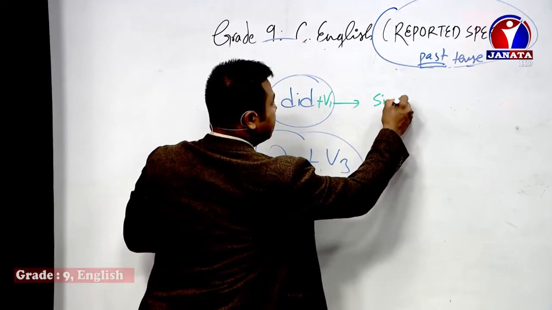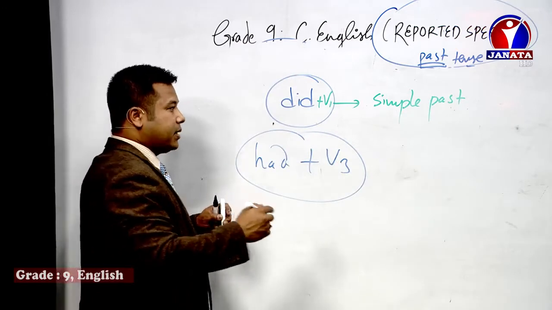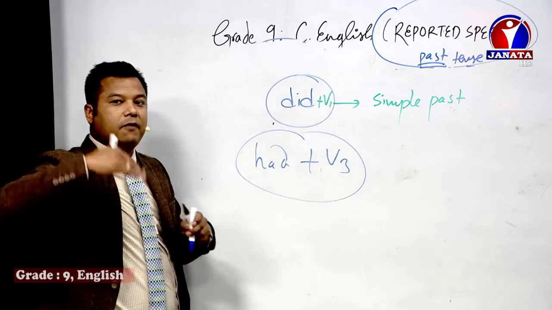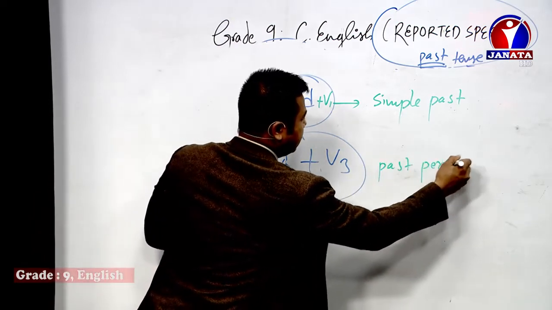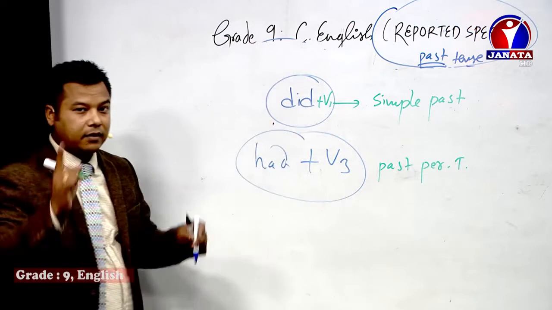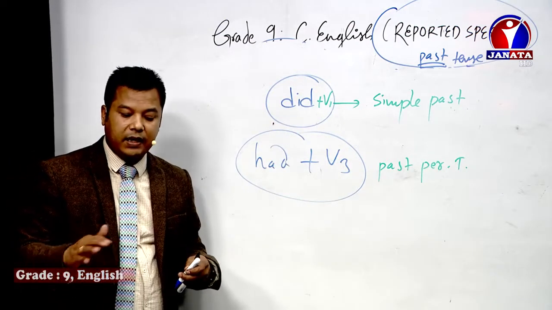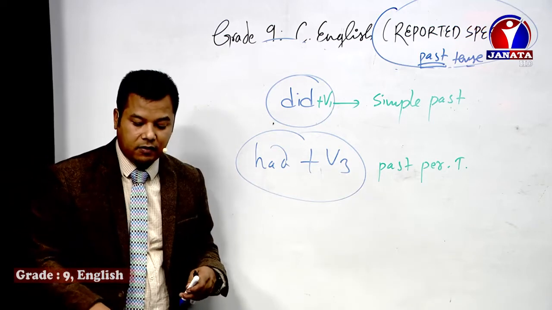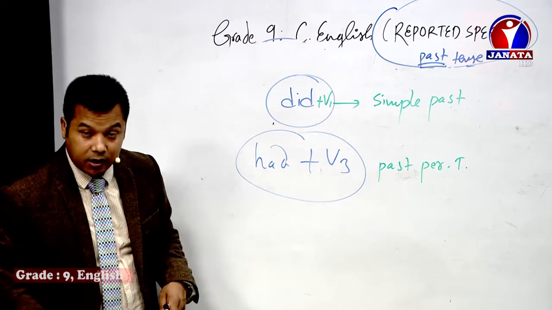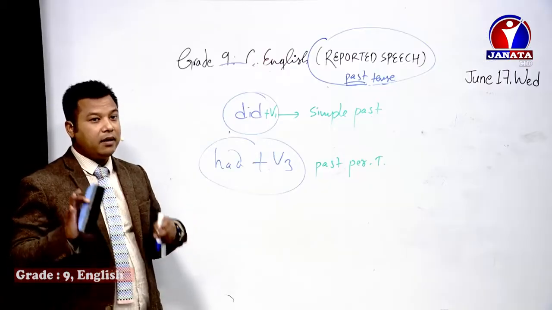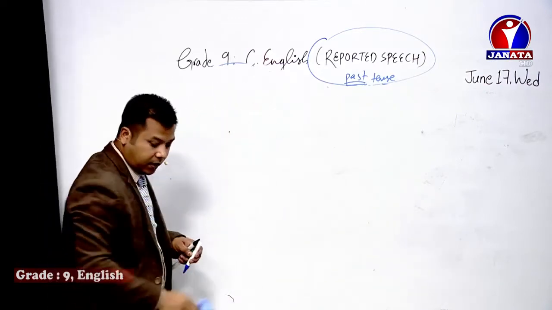This is simple past tense, and simple past tense changes by jumping one step further, that is what I told you, to past perfect tense. Remember that, and that's why you got the answer: Bob asked Jim when he had painted his farmhouse. And instead of "ask," we can use "wanted to know," "inquired," or "questioned." I have already told you there are many reporting verbs. Now it's time for us to move on with the exercises.